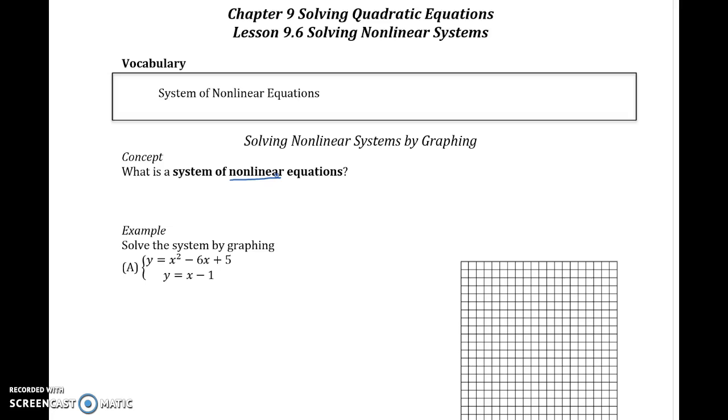So a system of nonlinear equations is basically a system, which means we have two or more equations, in which at least one equation is nonlinear.